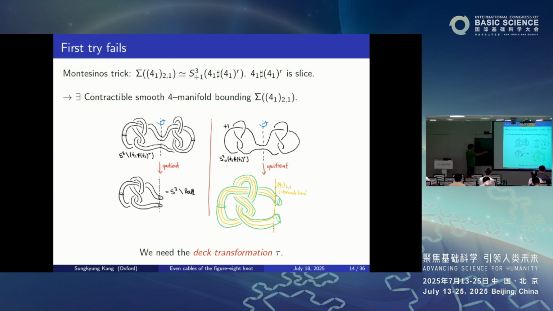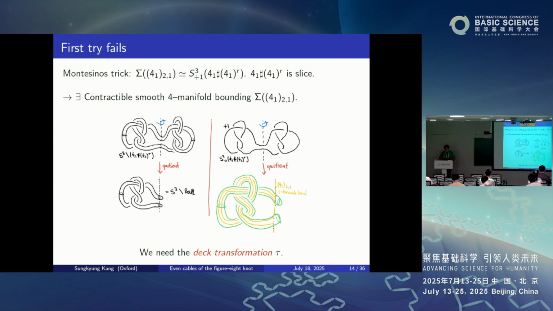I draw figure 8s here, but you can replace them with any knot. You take a +1 surgery, and you take a quotient with respect to this rotation action. Then it becomes a 4-ball, and if you draw the image of the fixed point set, it becomes a 2-1 cable.